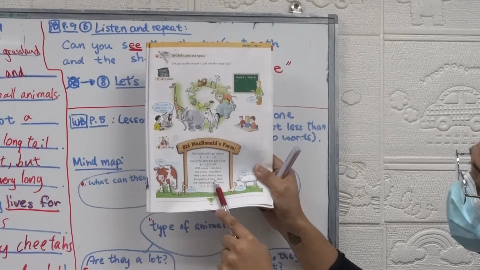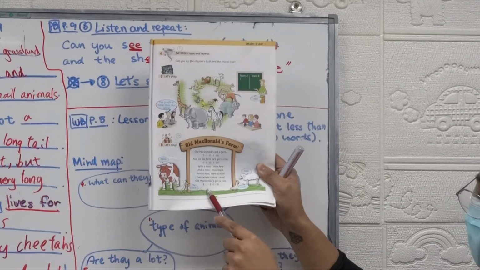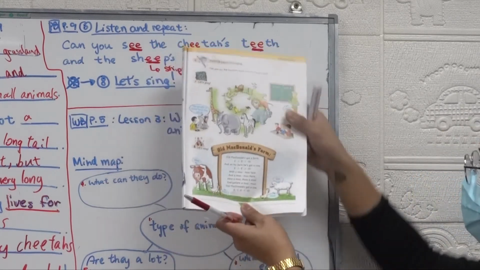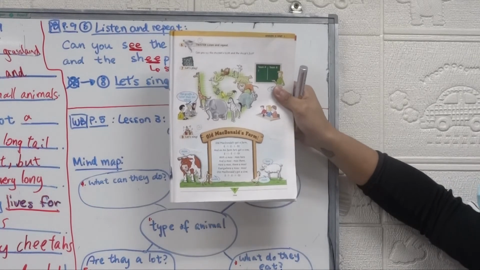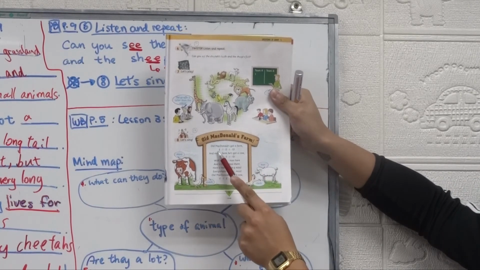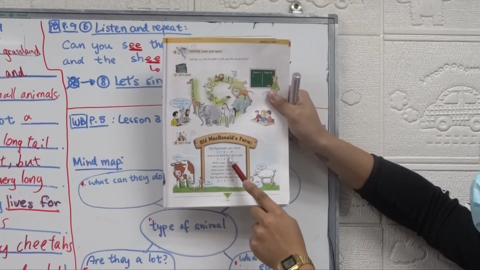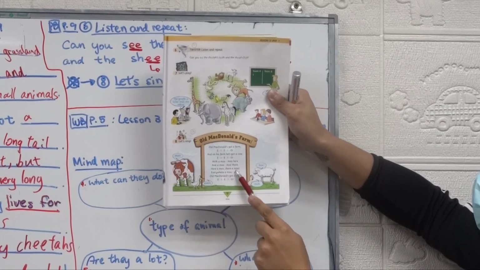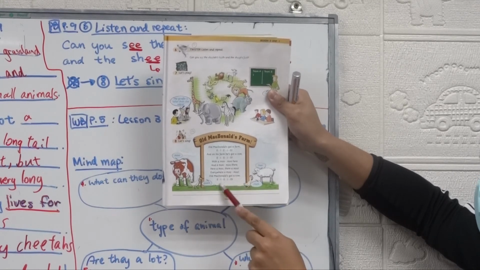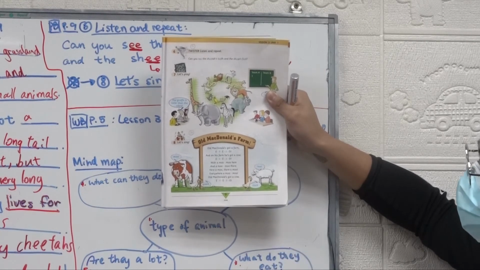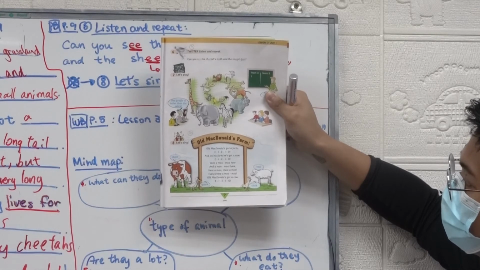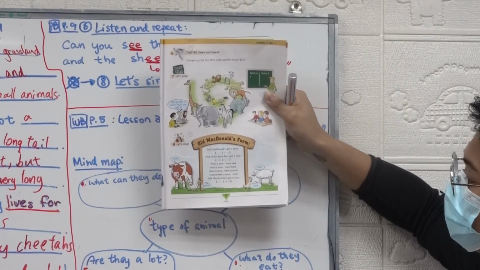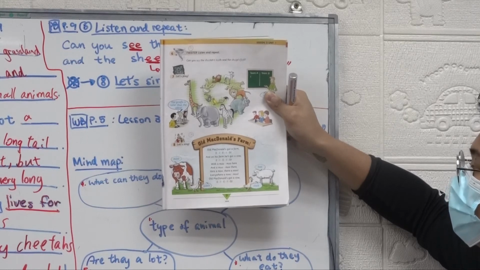Here a moo, there a moo, everywhere a moo-moo. Old MacDonald's got a cow, E-I-E-I-O.